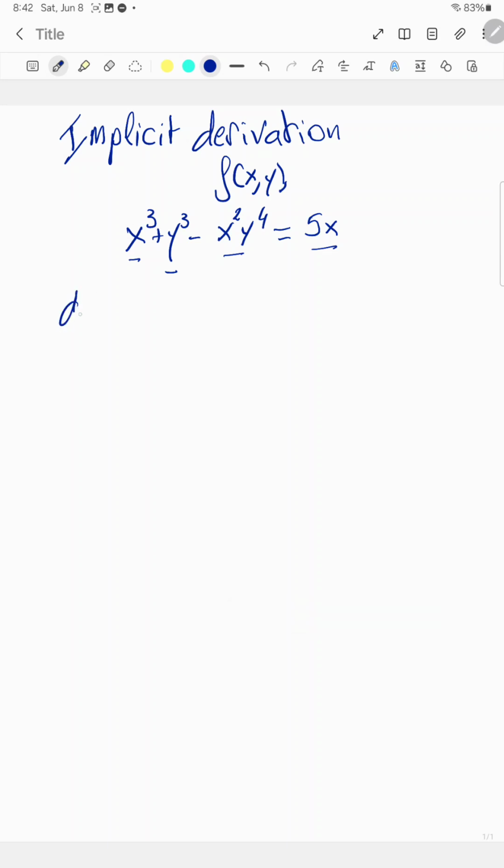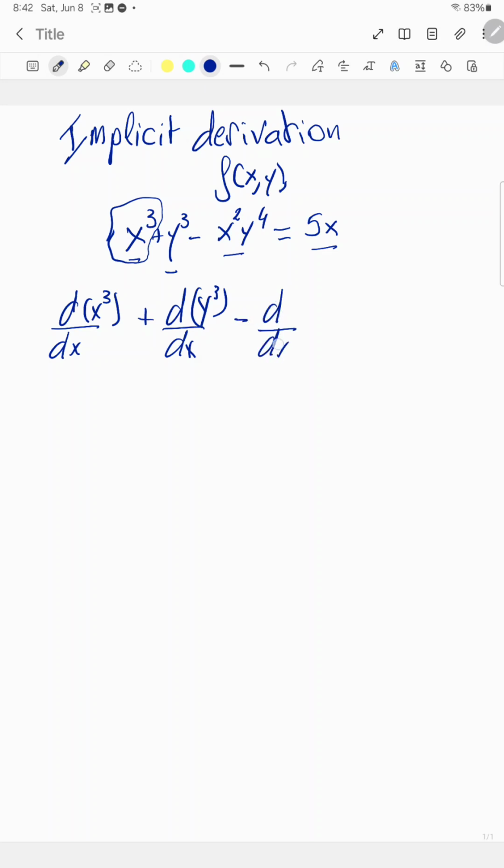So d over dx of x to the power of 3, that's the derivative of the first item, plus d over dx of y to the power of 3 minus d over dx of x squared y to the power of 4 equal d over dx of 5x. So I'm deriving every component of my function.